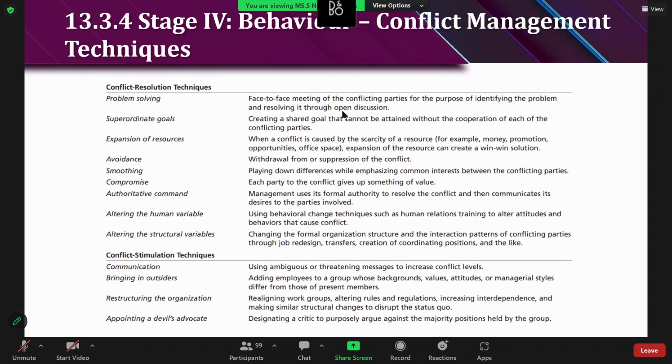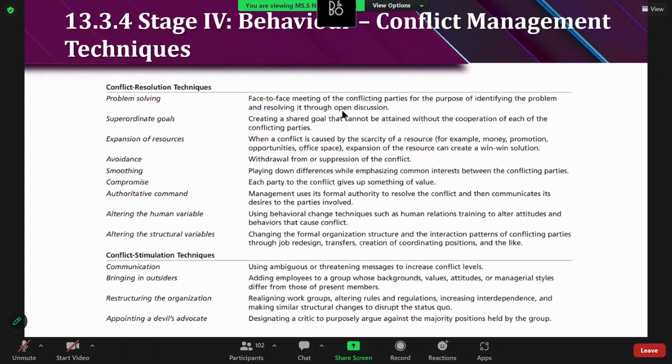If the conflict is too high, we can use resolution techniques to reduce it to a moderate level. And if the conflict is very low, we can use stimulation techniques to bring it to the moderate level.